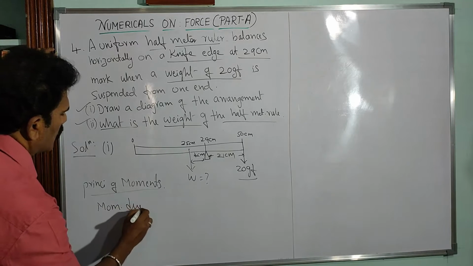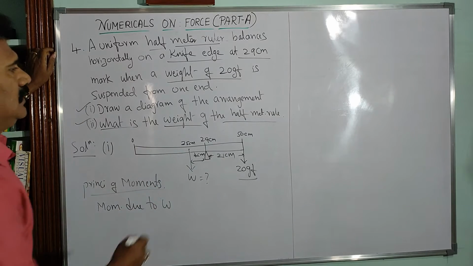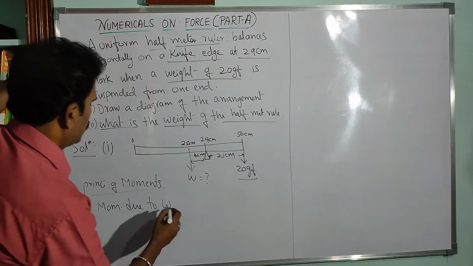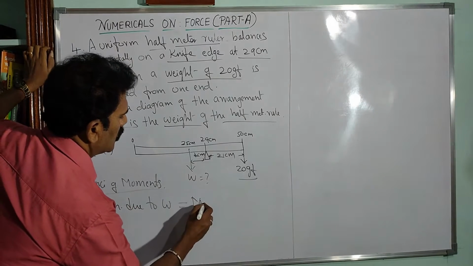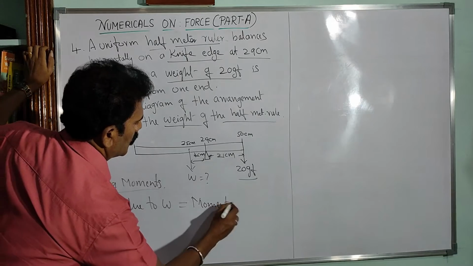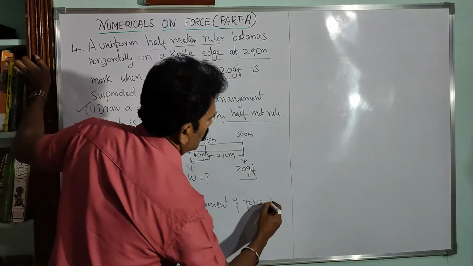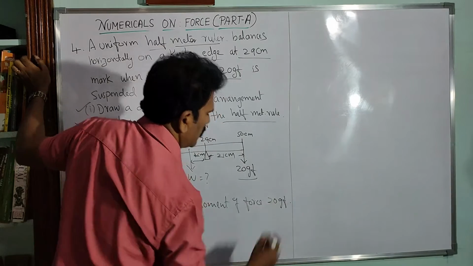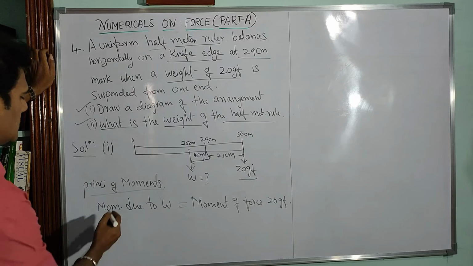Moment due to W. What is W? That is the weight of the half meter rule. Moment due to W should be equal to the moment of the force due to 20 gram force. So these two are equal according to the principle of moments. So what is the equation?